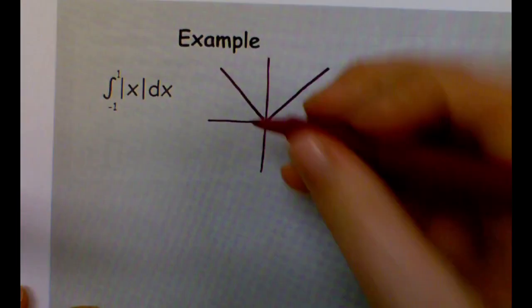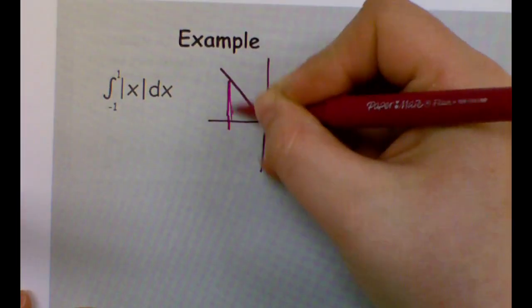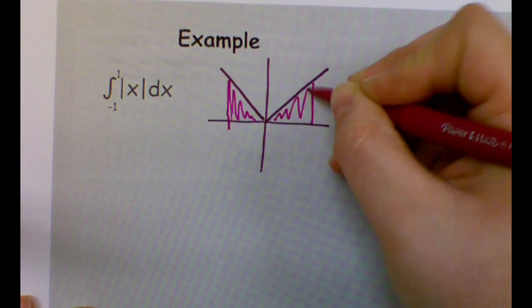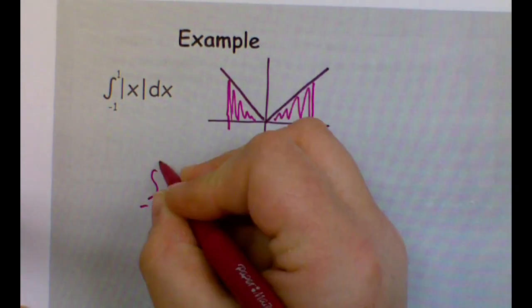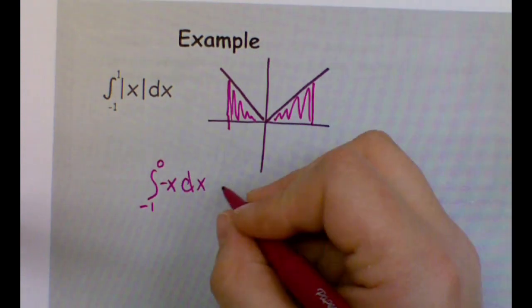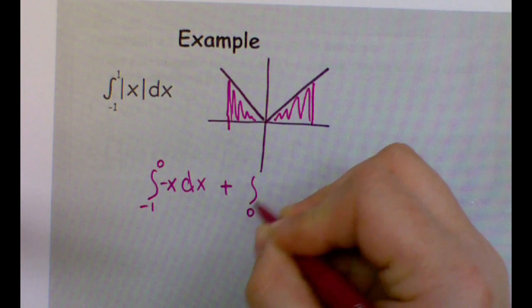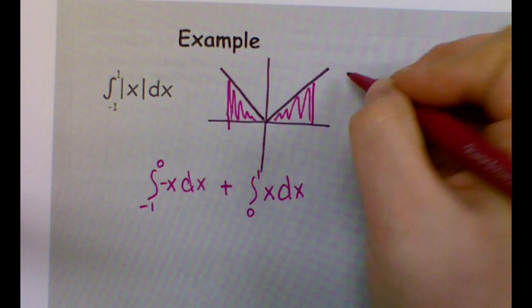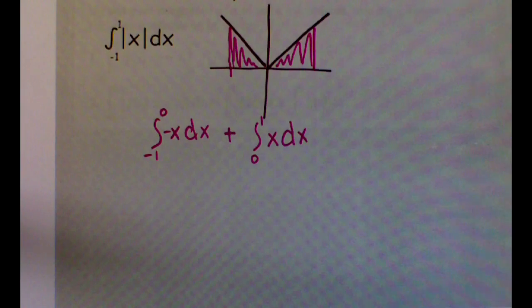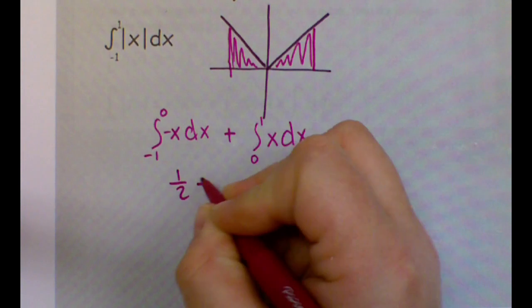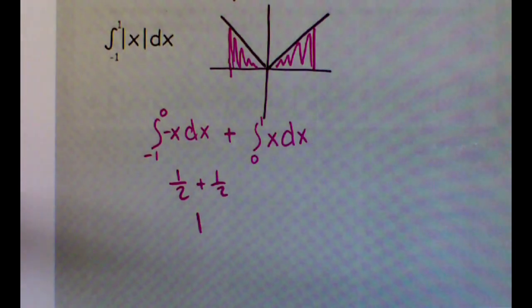So I would take my definite integral from -1 to 0, and then 0 to 1. It's actually the definite integral from -1 to 0 of negative x dx plus the definite integral from 0 to 1 of x dx, because we can break that function apart those two ways. We have 1/2 times base times height, which is a half, plus a half, which gives me an area of 1.